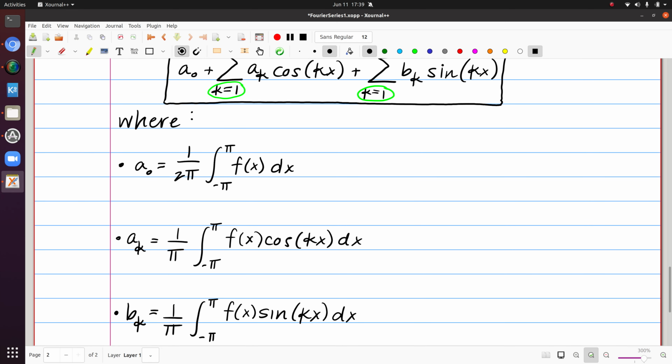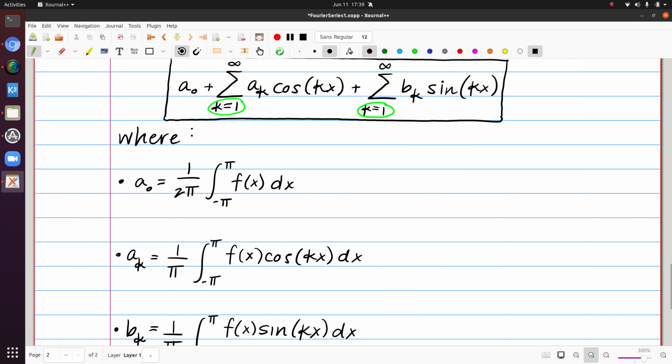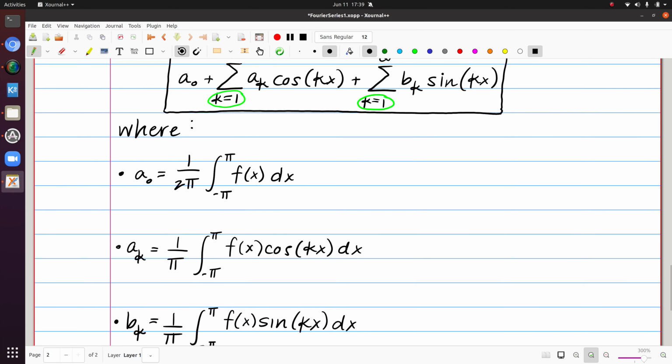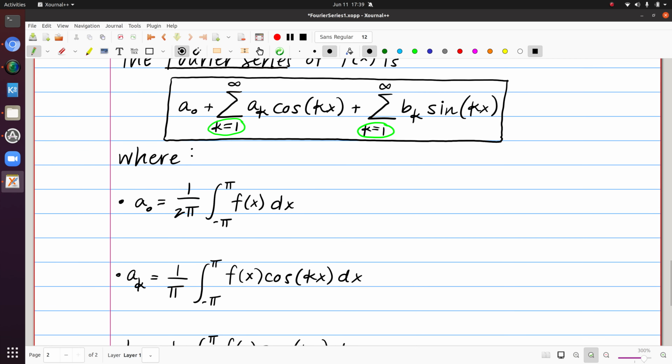To find the a sub k and b sub k, remember that we're going to integrate the function f of x multiplied by the very same function that a sub k or b sub k serves as a coefficient for. So in another video, we're going to really go through in detail how one could find the Fourier series for a particular f of x.